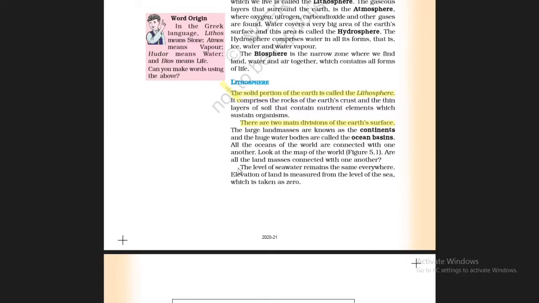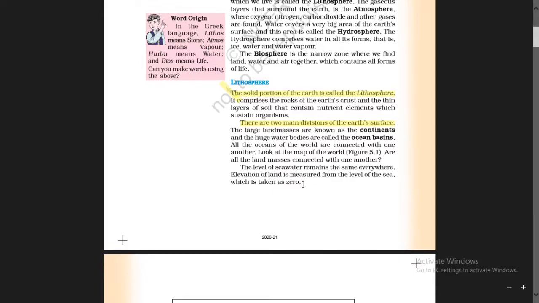It remains the same because all the oceans are interlinked. The level of seawater remains the same everywhere. Elevation of land is measured from the level of the sea, which is taken as 0.